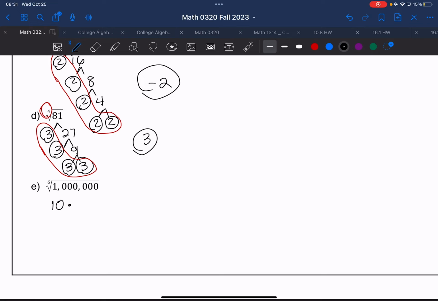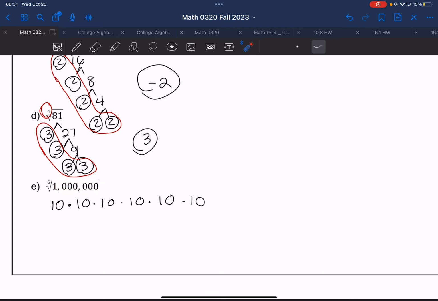We could do 10 times 10,000, or 10 times 10 times 10 times 10, 1, 2, 3, 4, 5, 6 times 10. When we multiply 10, the number of times gives us the number of zeros in that problem. So this is 1 million, meaning we would have to multiply 10 6 times because there are 6 zeros right here.